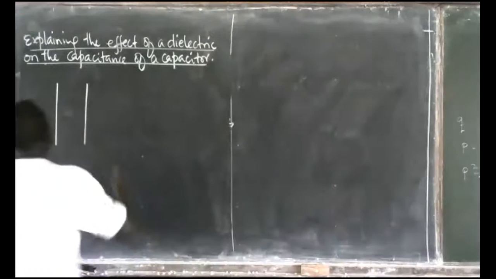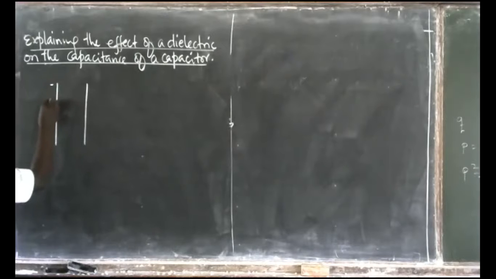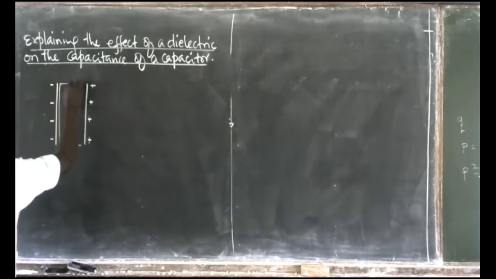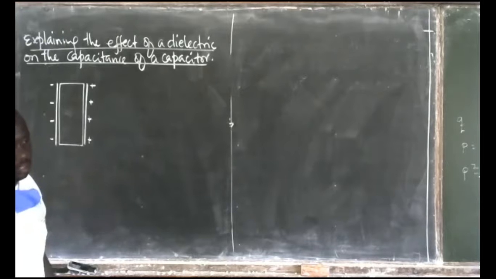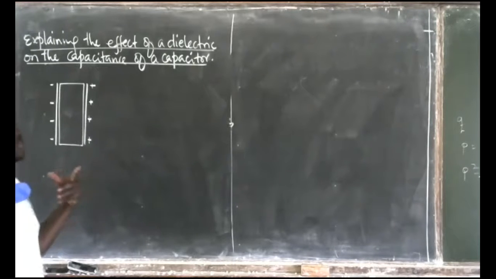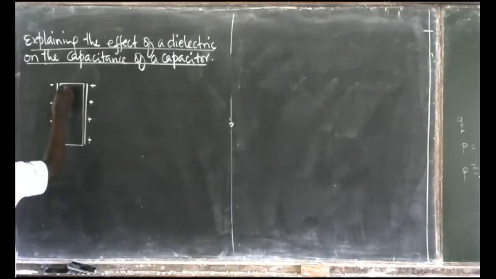So what happens if this plate is negative and this one is positive? When you insert a dielectric in here, the molecules within this dielectric themselves get distorted. They get rearranged. First of all, they were random, but what happens? They get polarized.